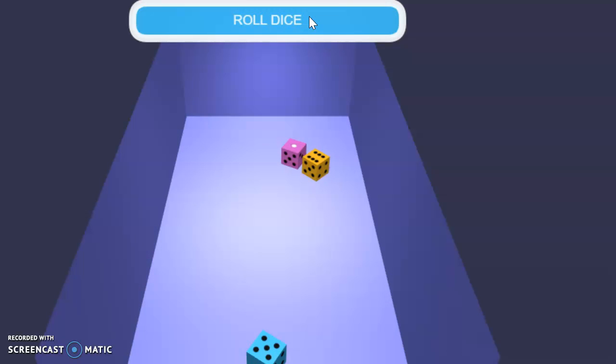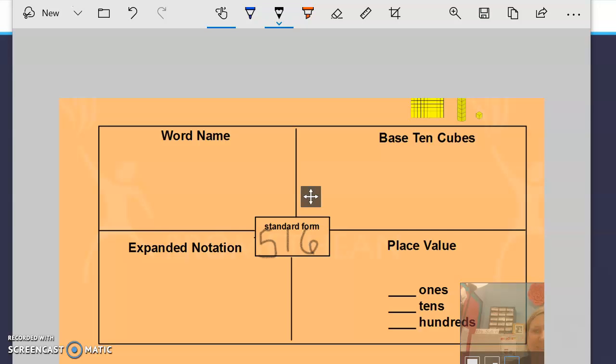My purple dice will be my tens, and my yellow will be my ones. Alright, so in the middle of your paper, I want you to write the standard form for this number. Remember, blue is hundreds, purple is tens, and yellow is ones. Is this the number you got? Did you get 516?